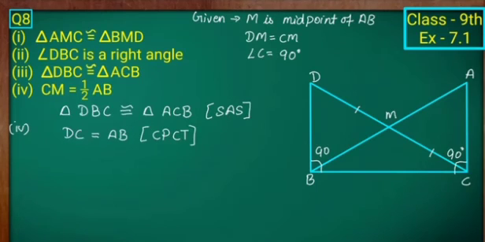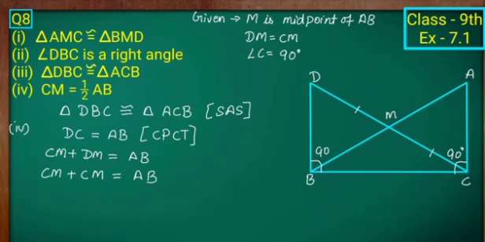See this figure, the midpoint M divides the line DC into two equal parts. So you can write DC equal to DM plus MC. So DM plus MC equal to AB, otherwise CM plus DM equal to AB, that's your wish. Now the next step: DM equal to CM, so I'm mentioning DM as CM because both are equal.